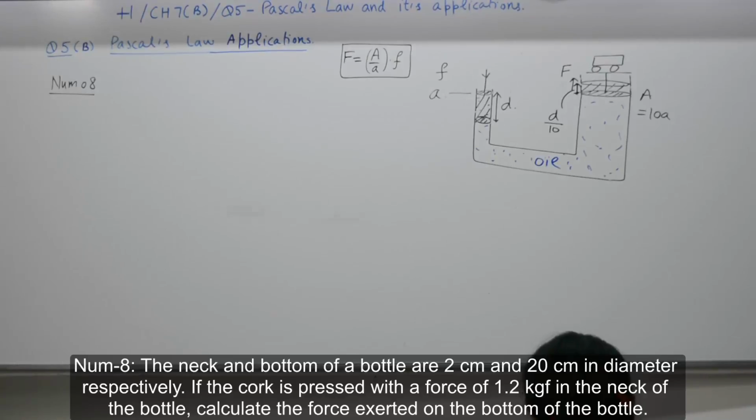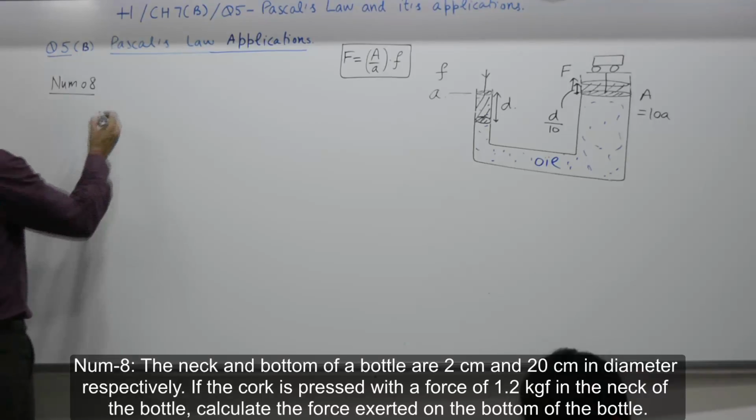Numerical is on page number 7.86. The neck and bottom of a bottle are 2 centimeter and 20 centimeter in diameter respectively. If the cork is pressed with a force of 1.2 kilogram force in the neck of the bottle, calculate the force exerted on the bottom of the bottle. Yes, given is what?